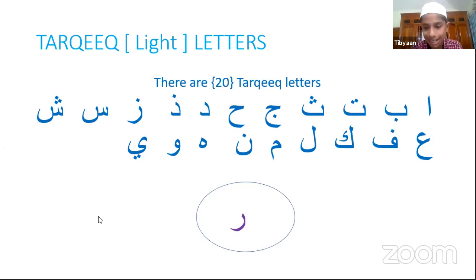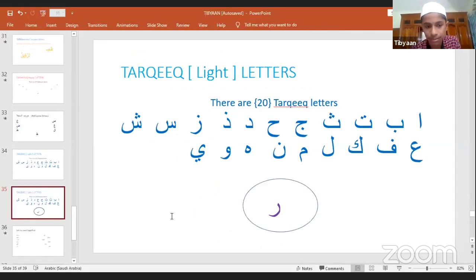At times it comes as tafkhim, at times as tarqiq. You cannot say permanently tafkhim nor tarqiq. So raw is an exception. There are places where exceptions exist, and raw is one of those exceptions.